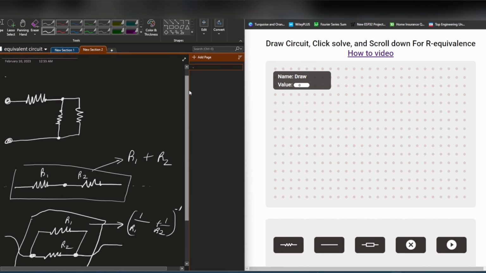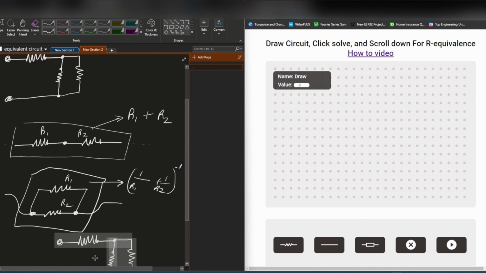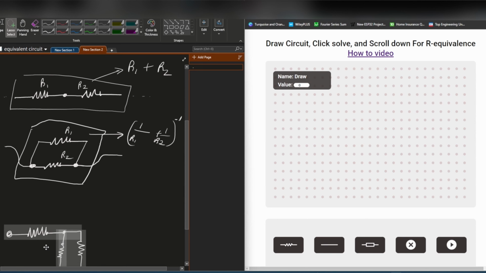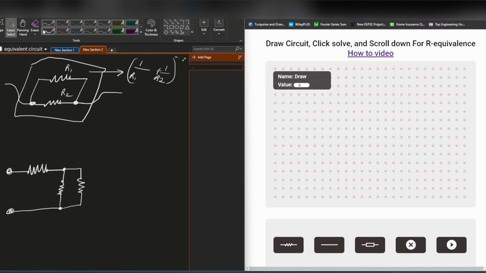So back to this guy. We will be going over this guy down here, and we'll be able to tell exactly what type of resistance this gives us.